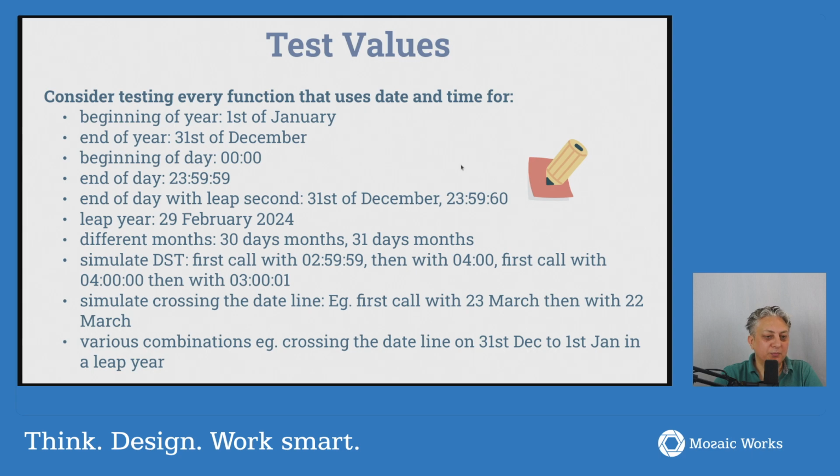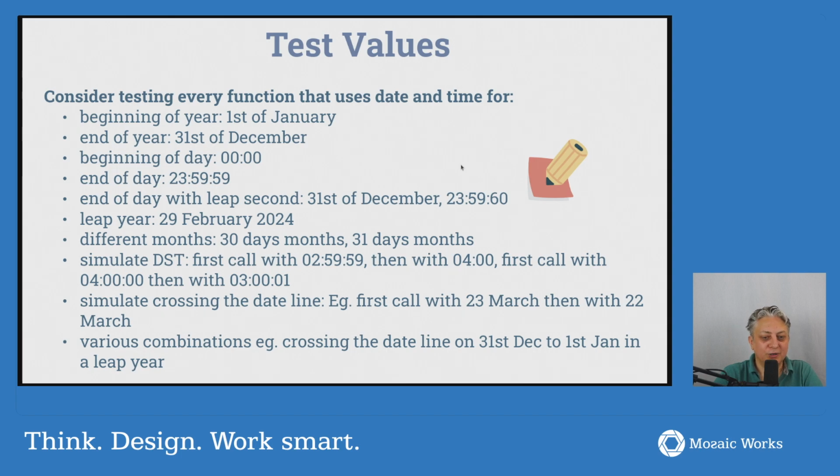And these are some important values to keep in mind. The beginning of the year, 1st of January, the end of the year, 31st of December. And if you want to be more precise, it would be 1st of January, 00:00:00 or 00:00:01. End of year, 31st of December.